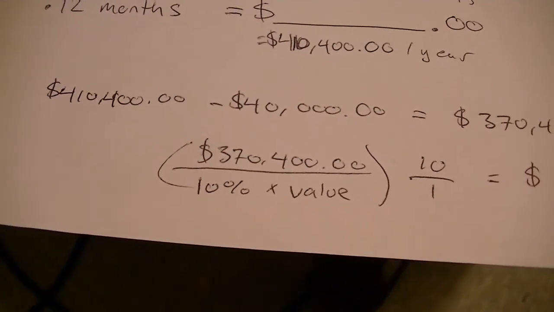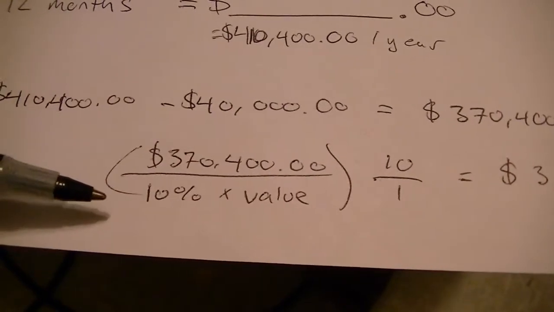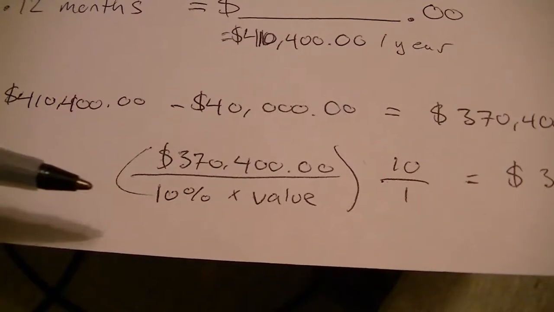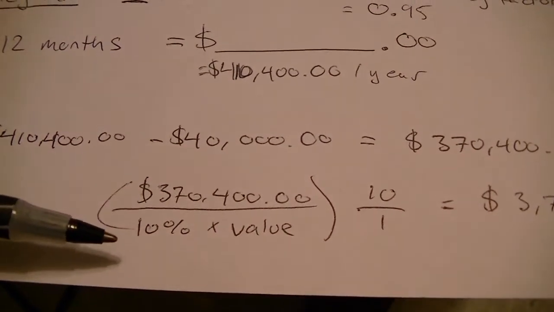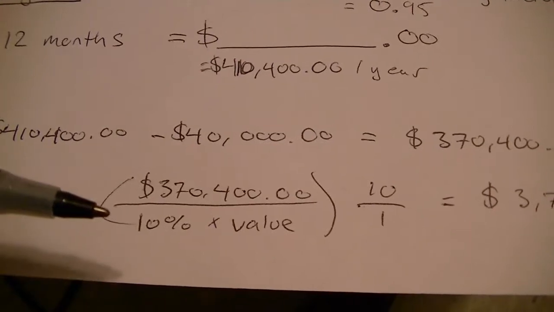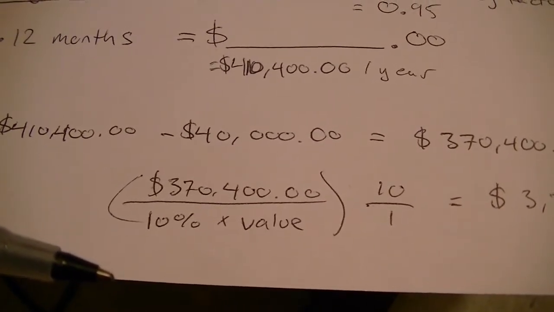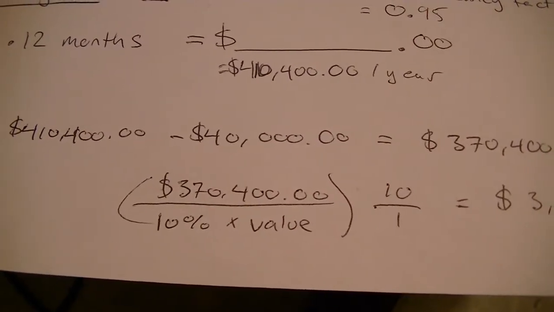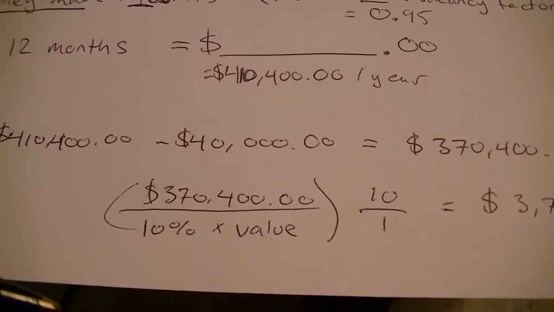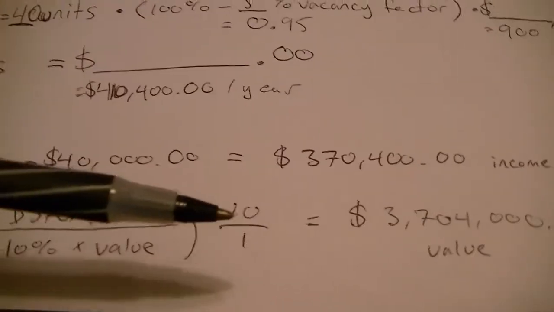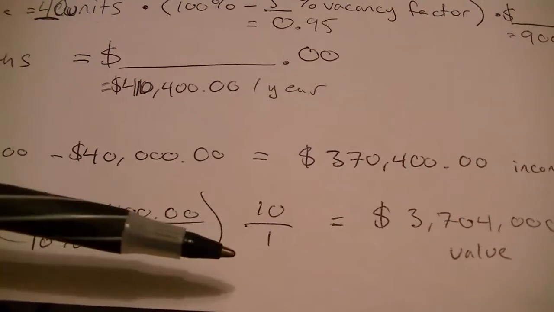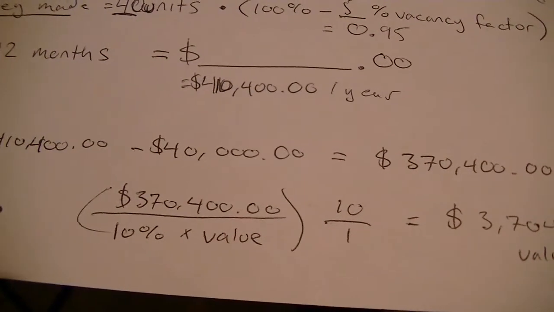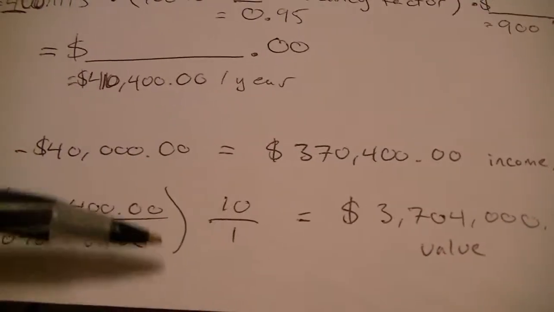Now 10% is saying 10 out of 100, or if you reduce it, 1 out of 10. When something's on the bottom and you're trying to get rid of it, you have to multiply by its reciprocal, which means the opposite fraction. So 1 over 10, the reciprocal would be 10 over 1, and what you do to one side you have to do to the other. 10 over 1 is just 10.